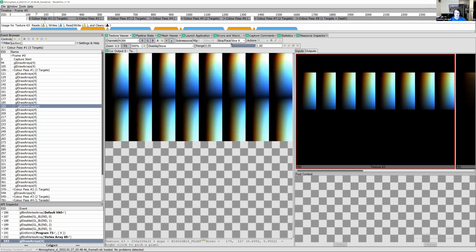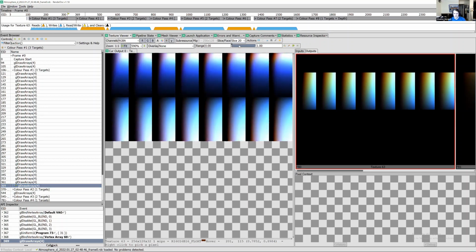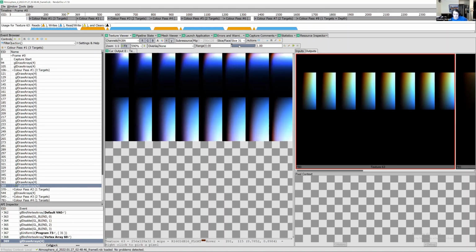If we go to slice 11, it hasn't been computed, and then the next draw call computes that one. As you go through all of them, this is the output over time, and you can see that this is like the base scattering. Is that right? The amount of scattering you get from the 0th iteration. I think so, yeah.